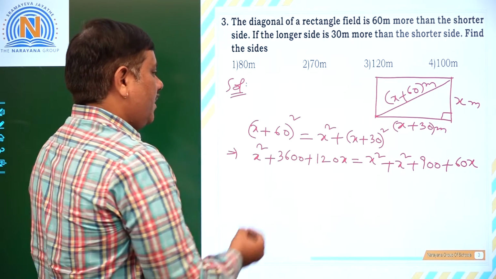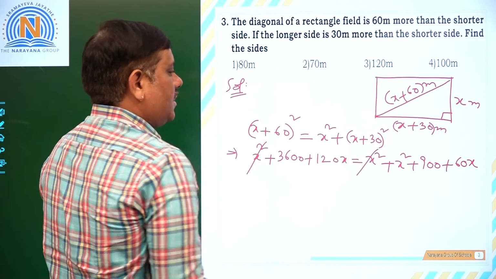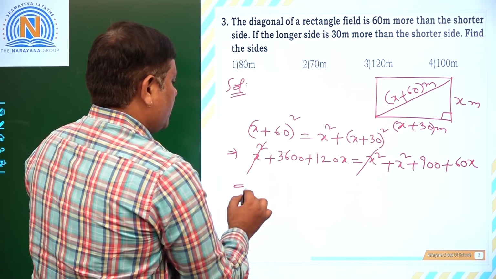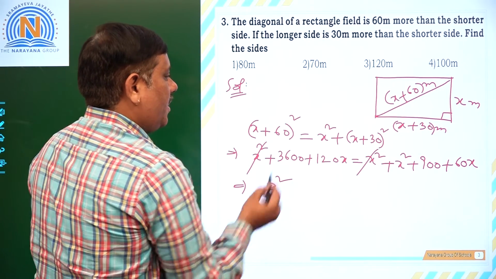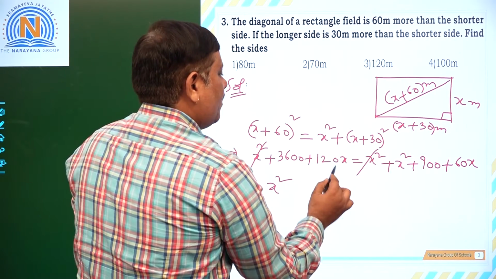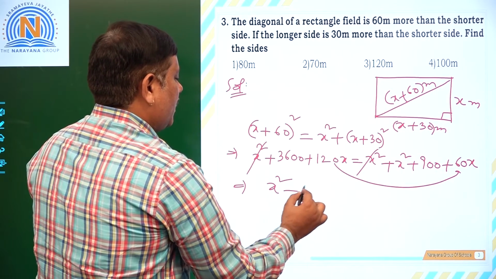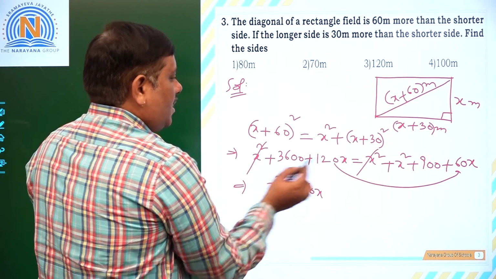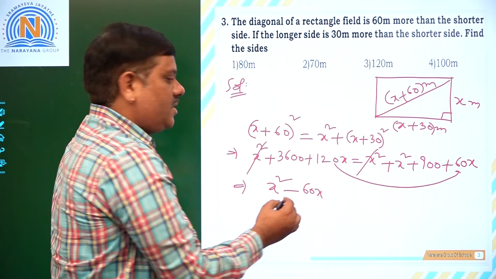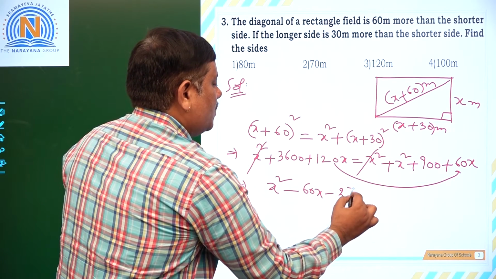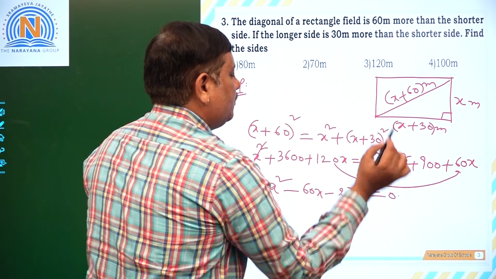Now it is to be simplified. X square and x square again cancel. So I am left with one more x square here. Let me write like this, x square, now plus 60x minus 120x, that is nothing but minus 60x. Next plus 900 minus 3600, that is minus 2700, that is equal to 0.